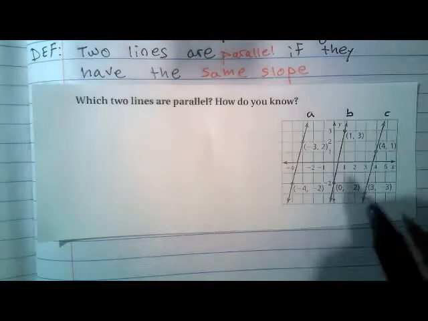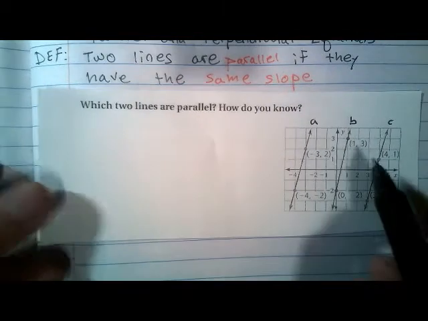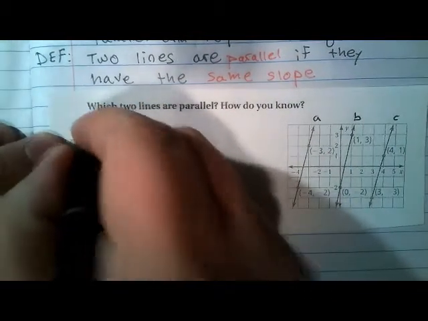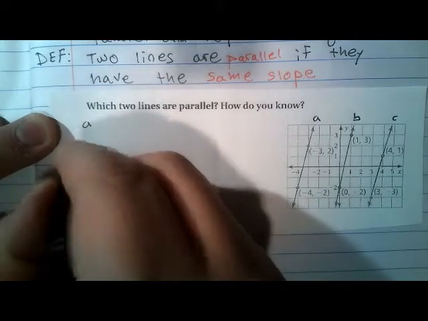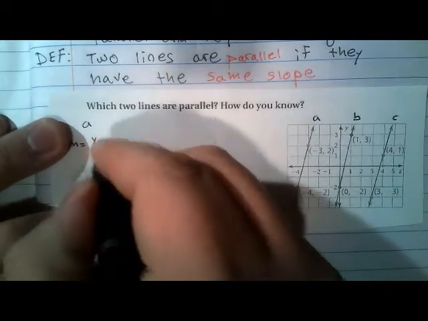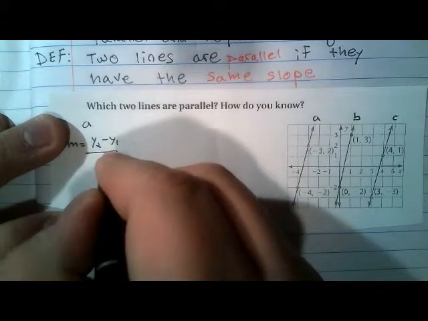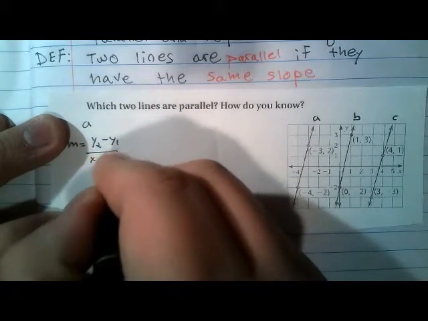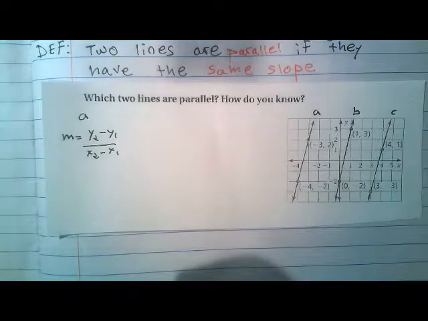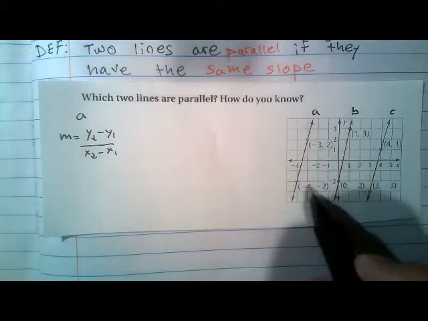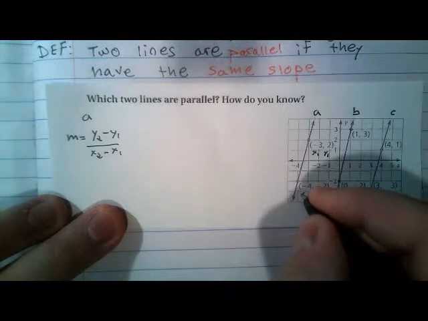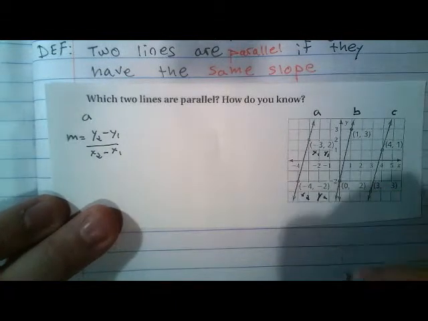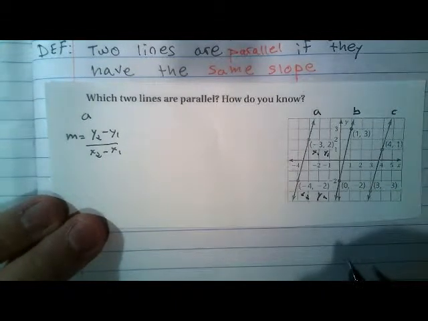Okay. First, we're going to find the slope of line A. So here's line A. My slope formula is y2 minus y1 over x2 minus x1. And I have my 2 points here. So this is my x1, y1, x2, y2. So I put that in my formula.